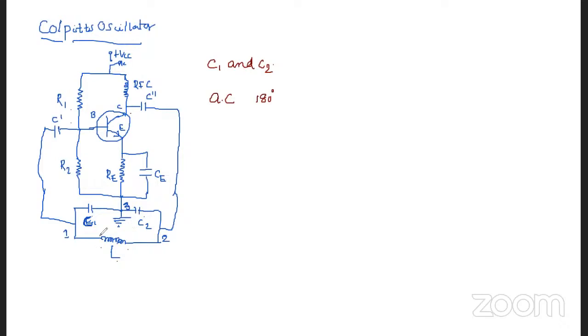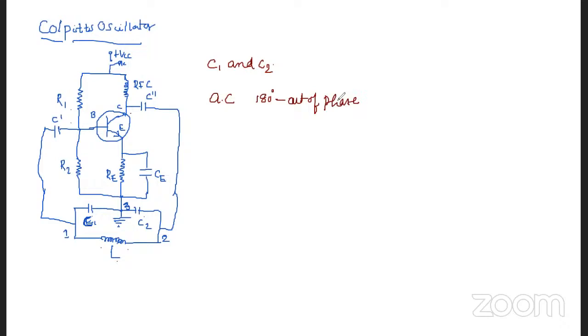Therefore, point 1 and point 2 are 180 degrees out of phase. That you have to remember.